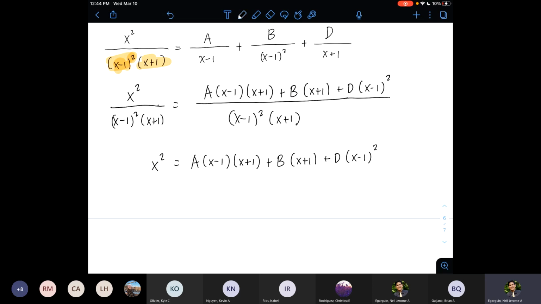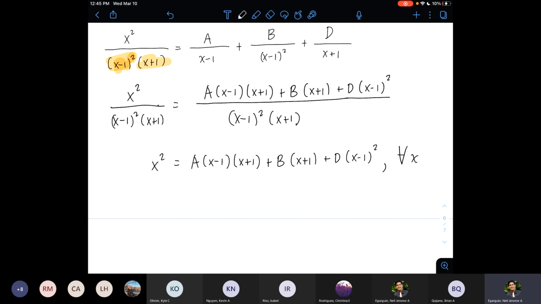And this should be true for all x's, so we have the liberty to choose x's that are more convenient for us. Usually it's convenient to choose x's that will make the factors equal to 0, but you will see later that I will run out of good options, so I will resort to choosing some values for x that are small or more convenient for me.